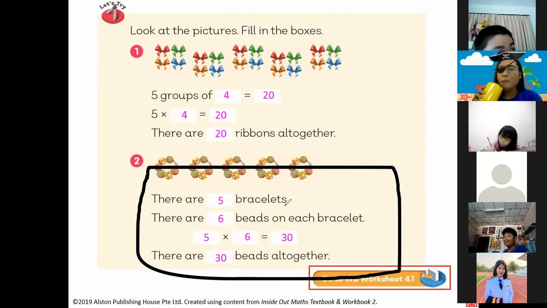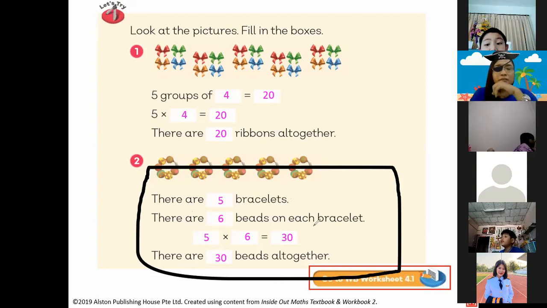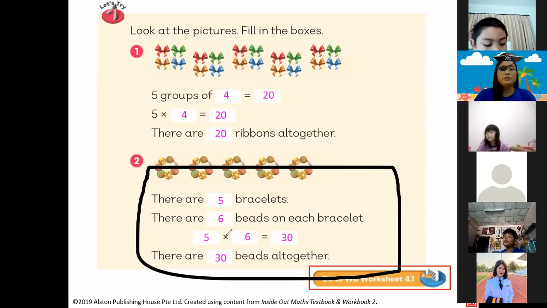There are 6 beads on each bracelet. 5 multiply 6 equal 30. There are 30 beads altogether.